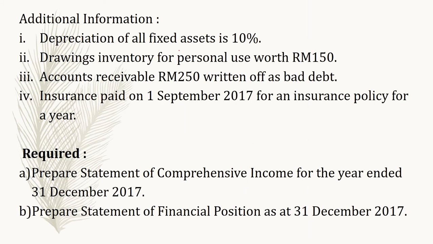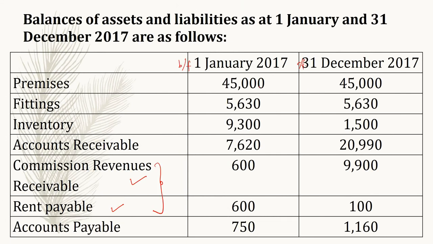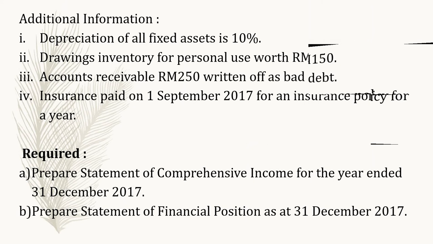So we are given additional information. As you can see in the question earlier, we are given the same amount in the beginning for the non-current asset and the ending for the non-current asset. So you haven't deducted the depreciation expense yet, and we are given the depreciation expense at the rate of 10%.